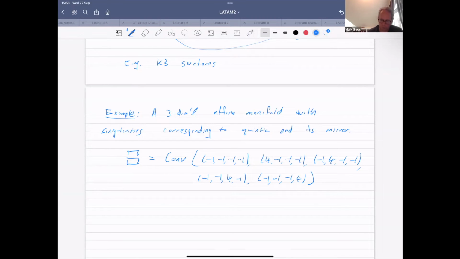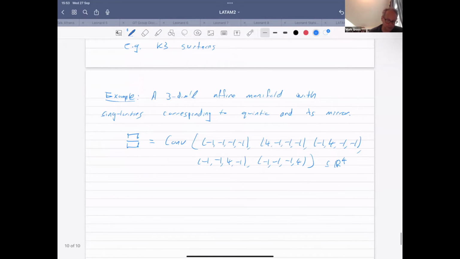This is in R4, so it's a little bit tricky for me to draw it. By the way, I should say that the projective toric variety corresponding to this polytope is just P4.